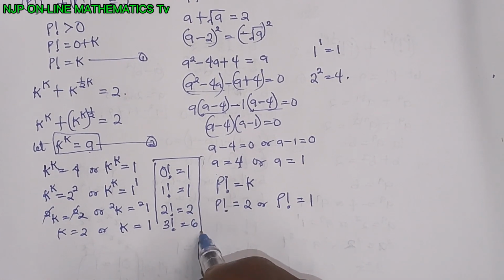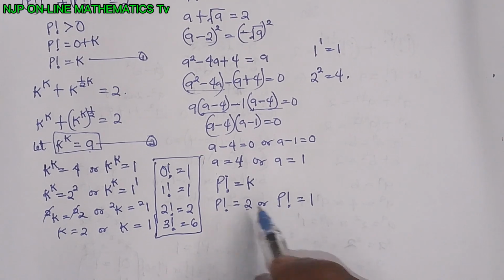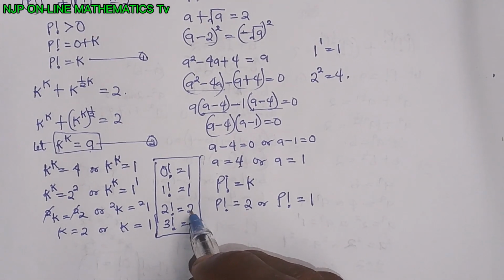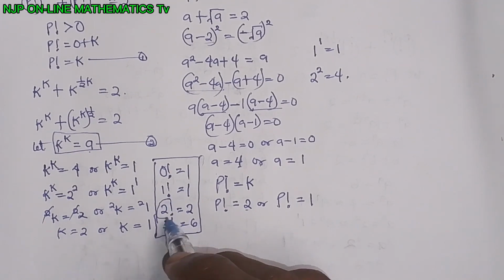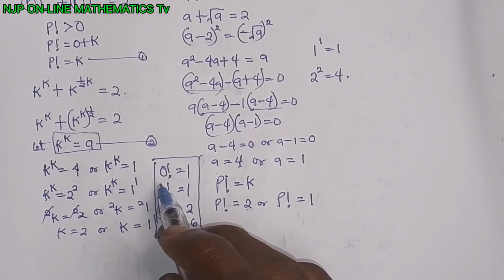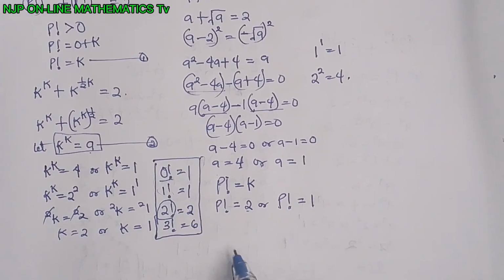So our values here, 2 and 1, fall between this and this. So we can now substitute this in place of 2, this in place of 1, or this in place of 1.